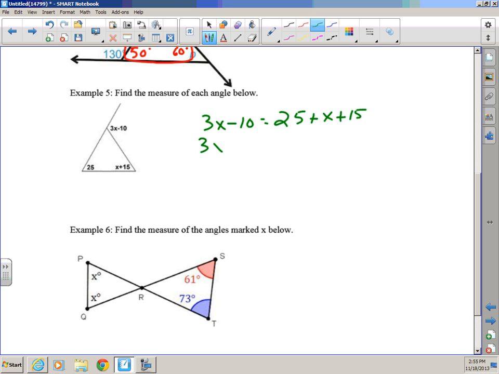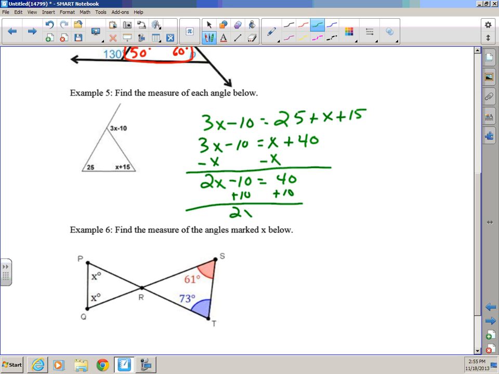So now I'm going to solve this very straightforward equation. I put 25 and 15 together to get 40. I subtract an x to get the x's by themselves. I add 10. So I get 2x is 50, which means x is 25.